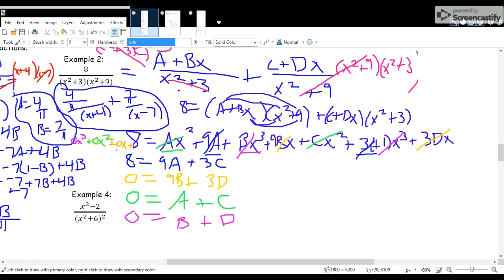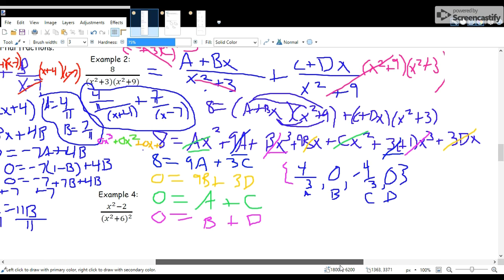Type the first equation in the first box, second equation in the second box, and so on. Once you press enter, you should get the solution 4/3, comma 0, comma negative 4/3, comma 0. So this was A, B, C, and D.